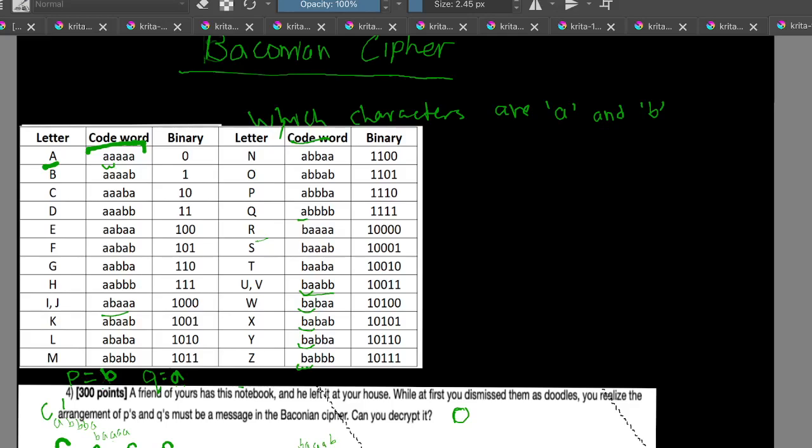Yep. This is an O, A, B, so that's an O. A, B, A, that's an L.